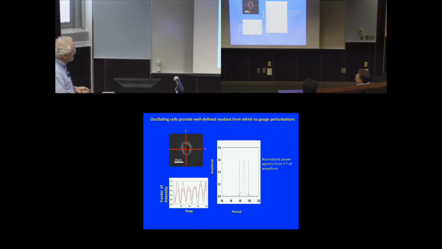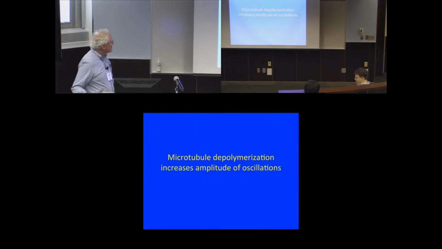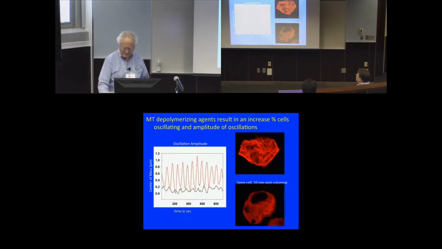And then we can do a Fourier transform, and from the normalized power spectrum, we can pull out the dominant periods of this movement. The first thing we realized was that microtubule depolymerization increases the amplitude of oscillations.